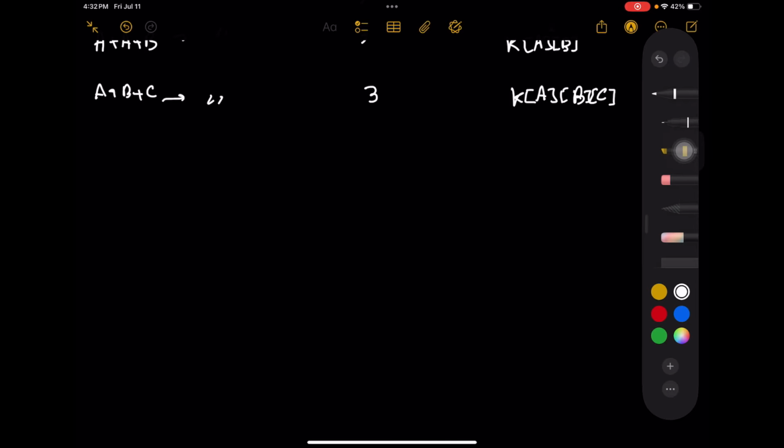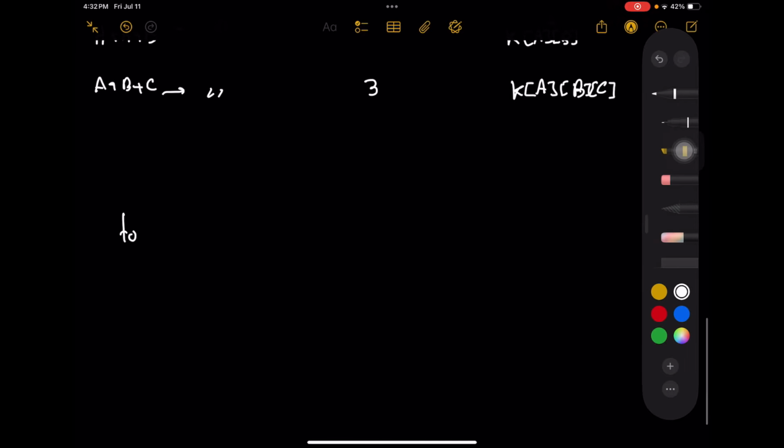So I will give you an analogy for the rate determining step. For example, we have a toaster plus a bread, which produces toast. And then we have toast and butter, which produces buttered toast.